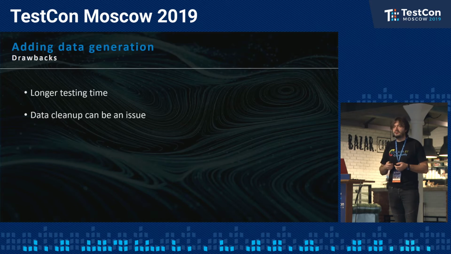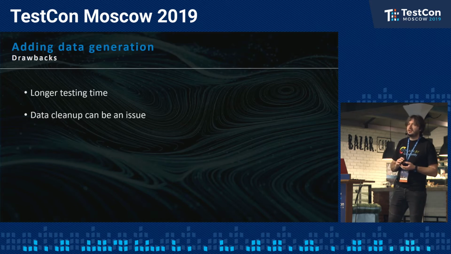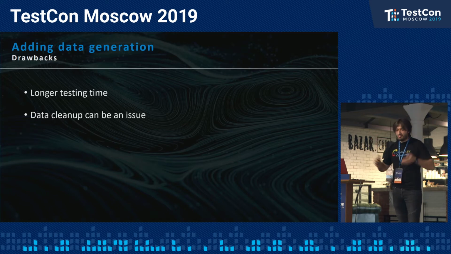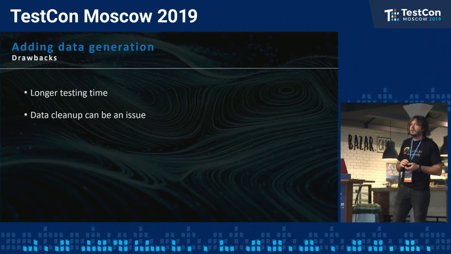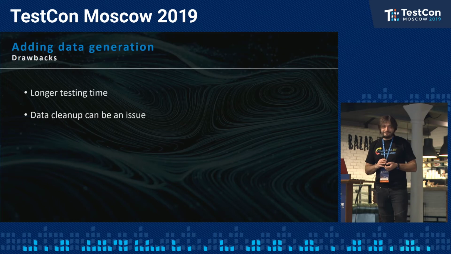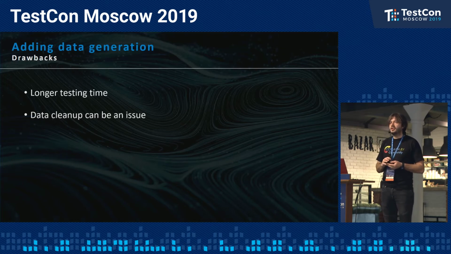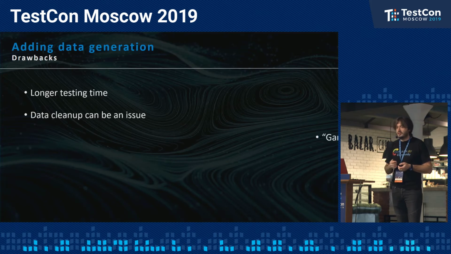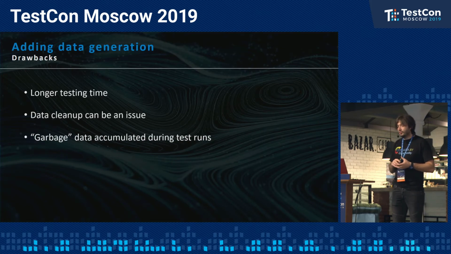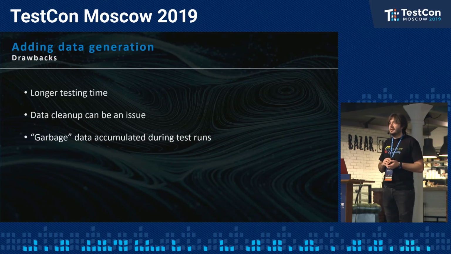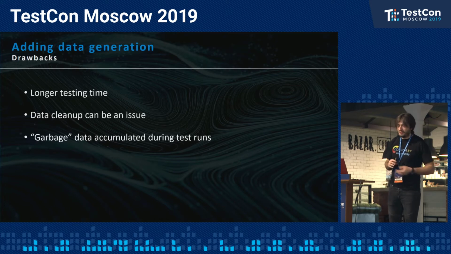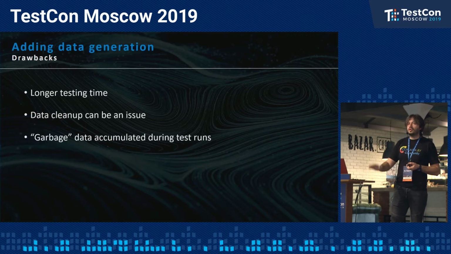Because you can have a lot of such data accumulated, you can contaminate your database, and in the test environment, usually things are not as powerful, so the contamination of your database may become a real issue.